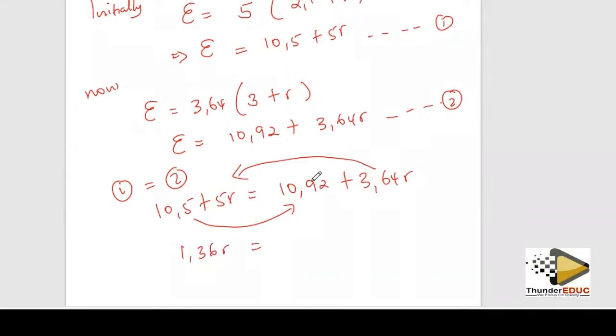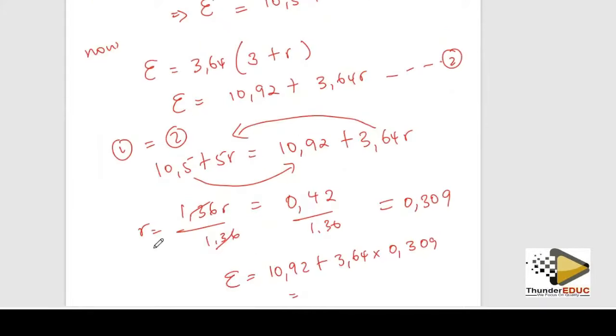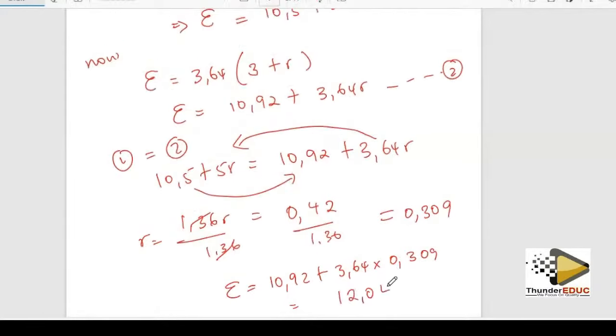And then 10.92, when I subtract 10.5, times 0.309, I'm having 12.04 volts.